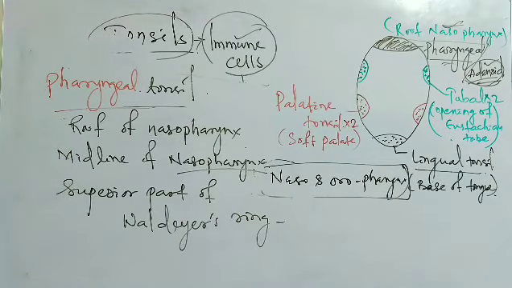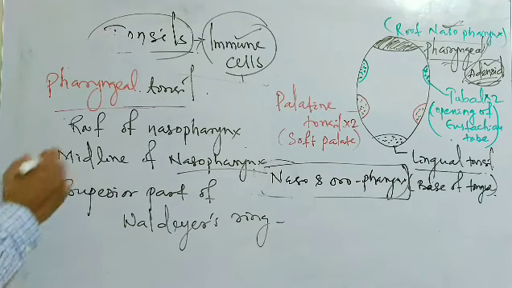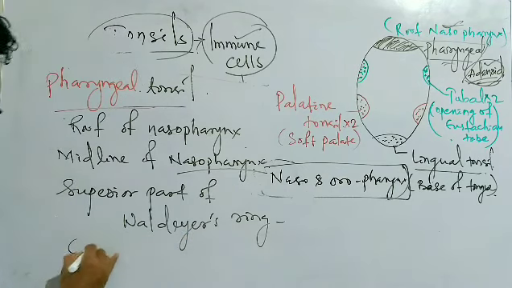Okay, so it is the pharyngeal tonsil, the superior aspect of Waldeyer's ring. It is covered by ciliated pseudostratified epithelium.